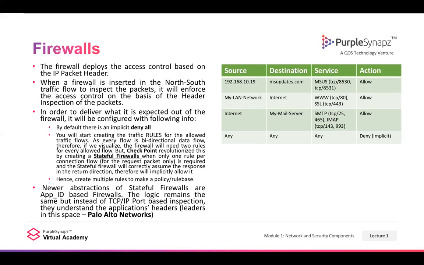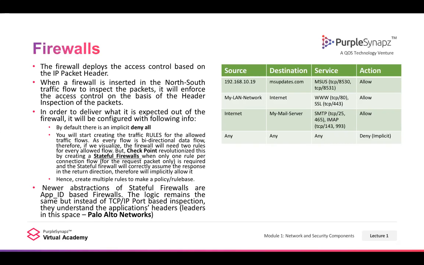So what Checkpoint did was launch a firewall in the market called a stateful firewall. If you see, you have only created a request packet rule, which means from a source I am going to Microsoft updates, but there will be a return packet also, correct? Which we showed in the beginning.